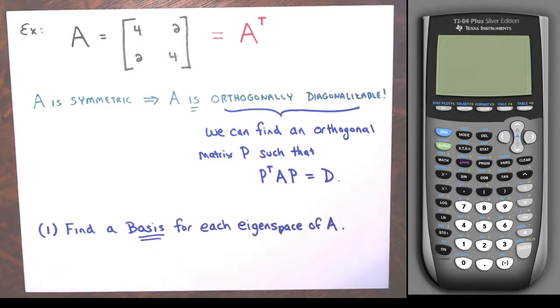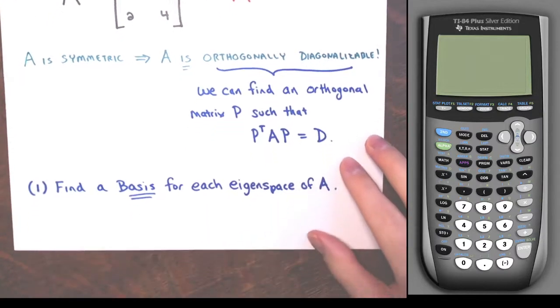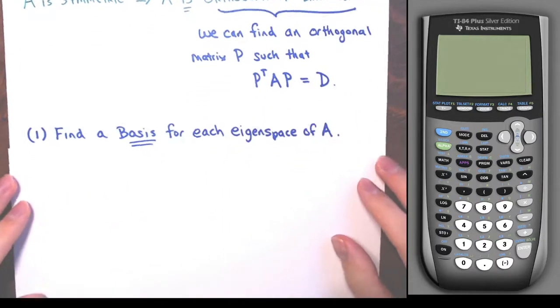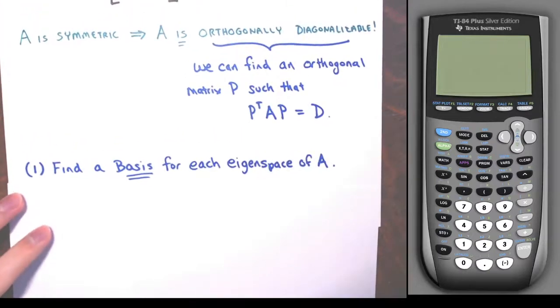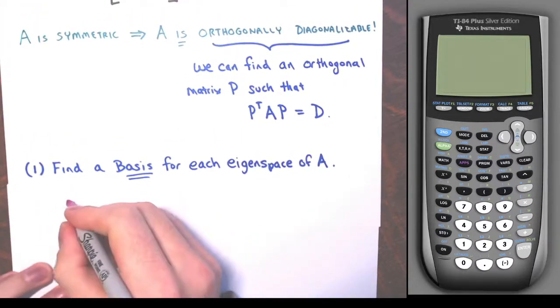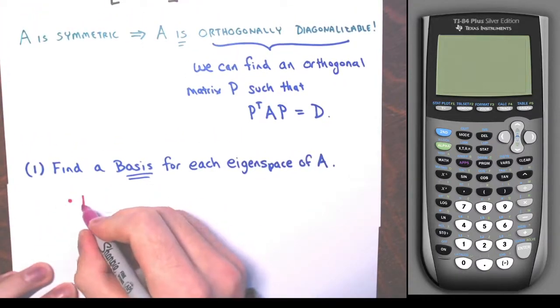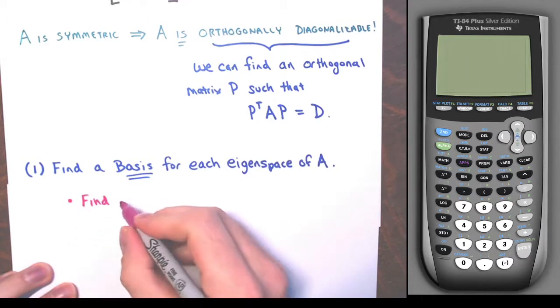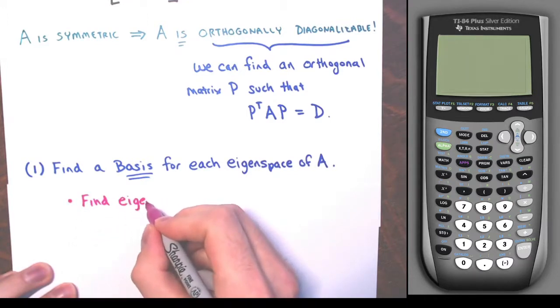First, I'm going to break this up into sub-steps. First I would have to find the eigenvalues of A. This is part of the first step. So find the eigenvalues of A.